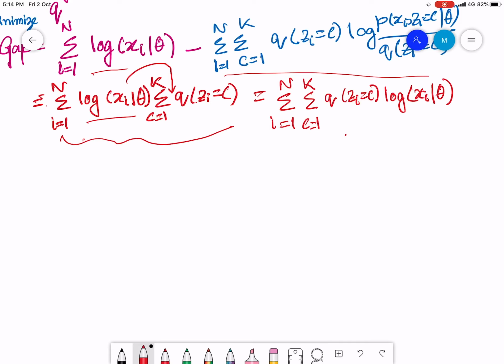So now let me write down the entire expression for the gap.